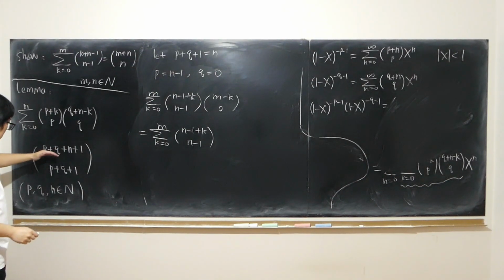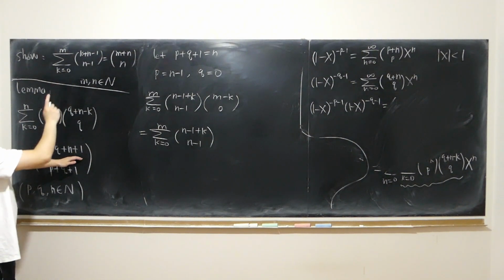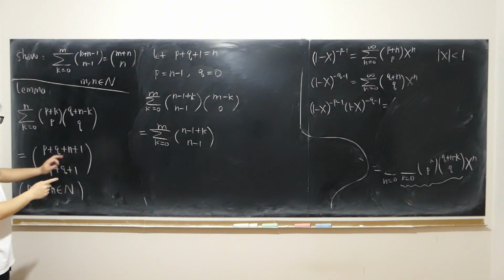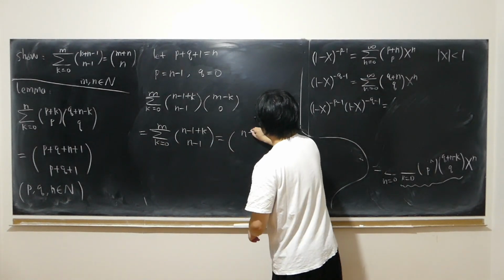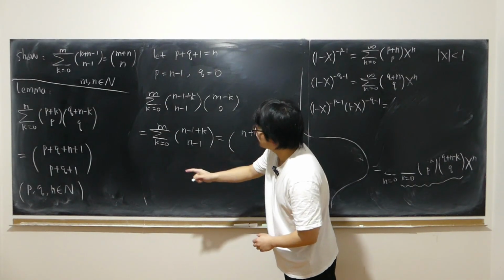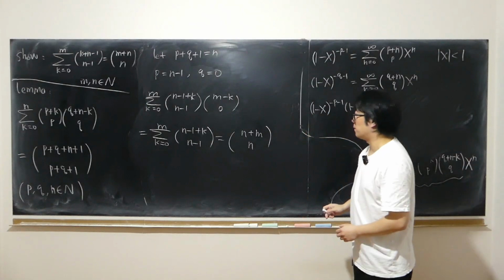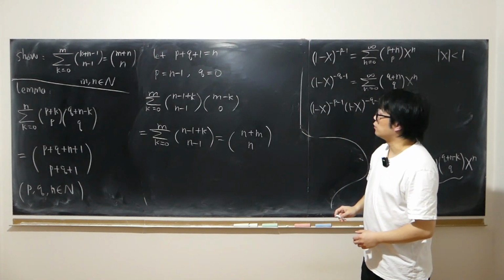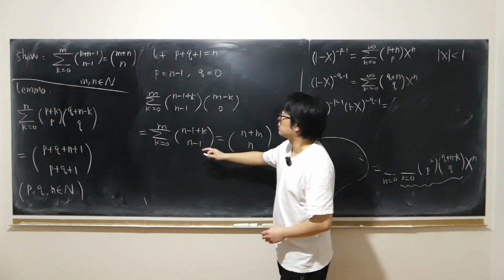So p plus q plus 1, and n plus m, and down here p plus q plus 1 and this time. Do they equal each other? Yeah, so exactly what we want.